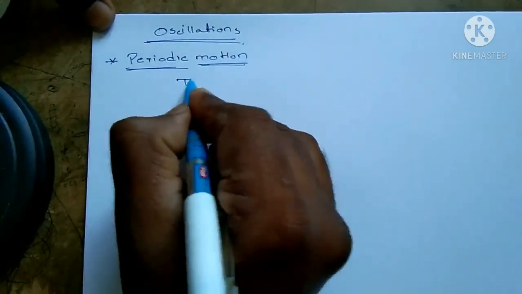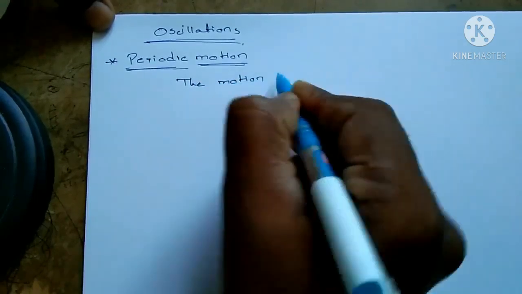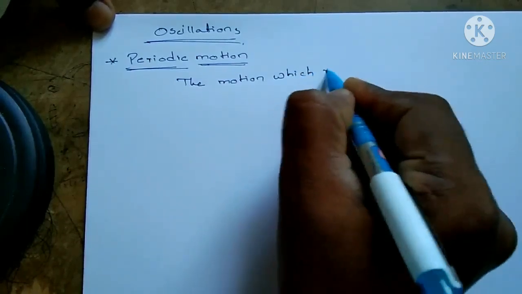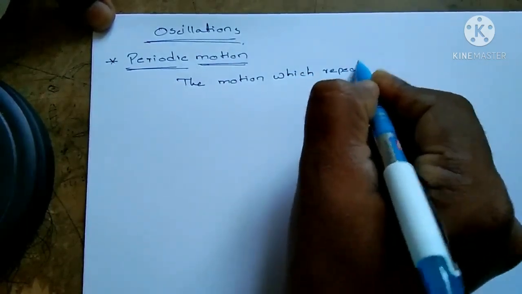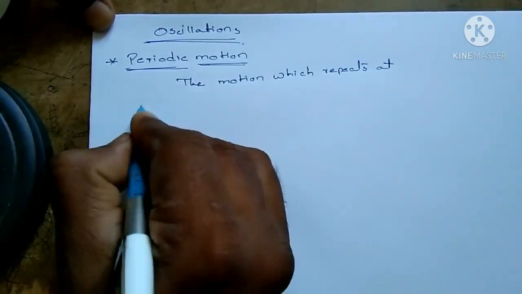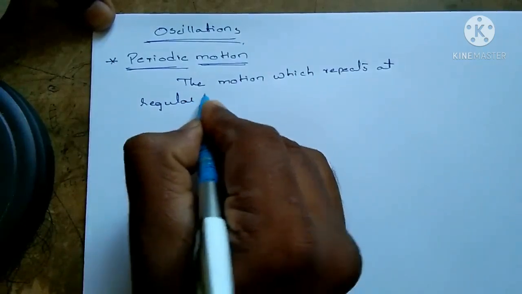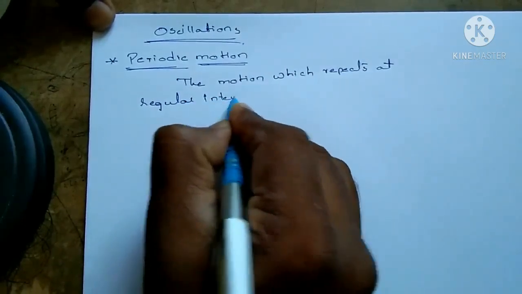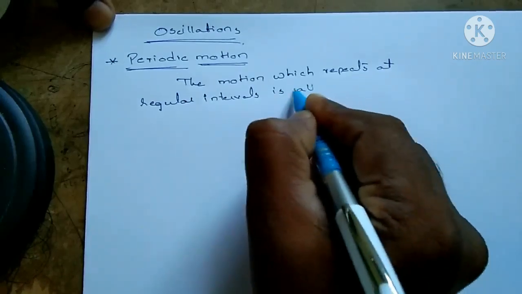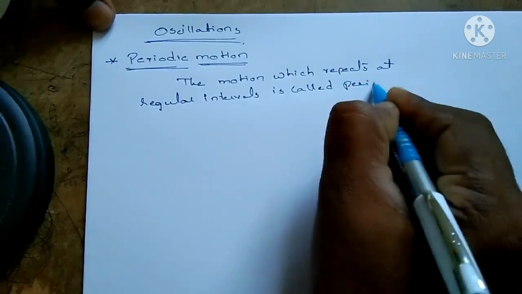The motion which repeats at regular intervals is called periodic.